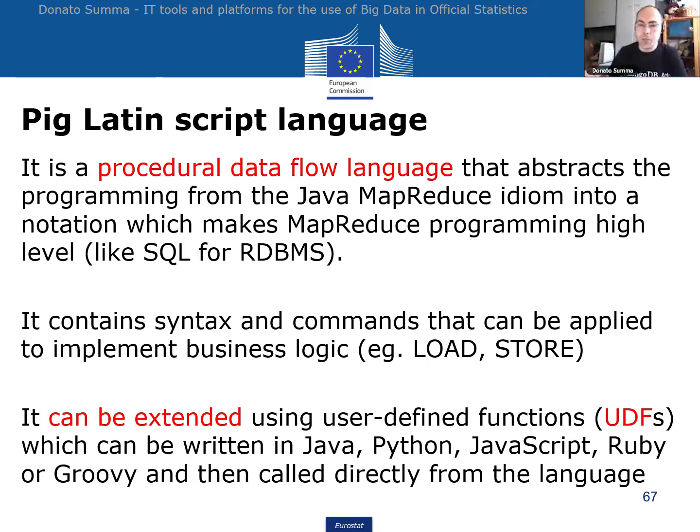So it will be a sort of SQL for relational database management systems. Pig Latin contains syntax and commands that can be applied to implement business logic. So, for example, we will have the load command, the store command, and so on.